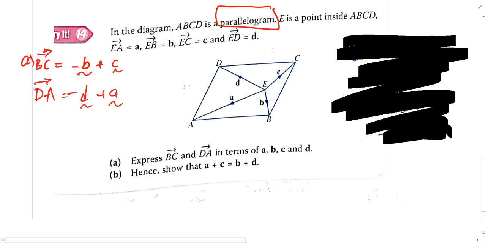This piece of information was not used yet, so I'm going to use it now. AD equals to BC. Agree? Okay. AD, what is AD? How can we express this AD in terms of these little vectors? AD.